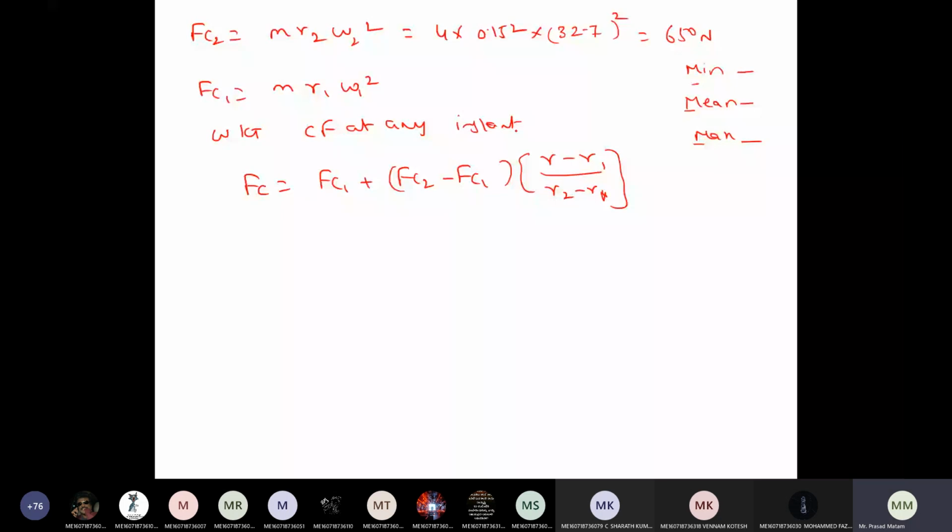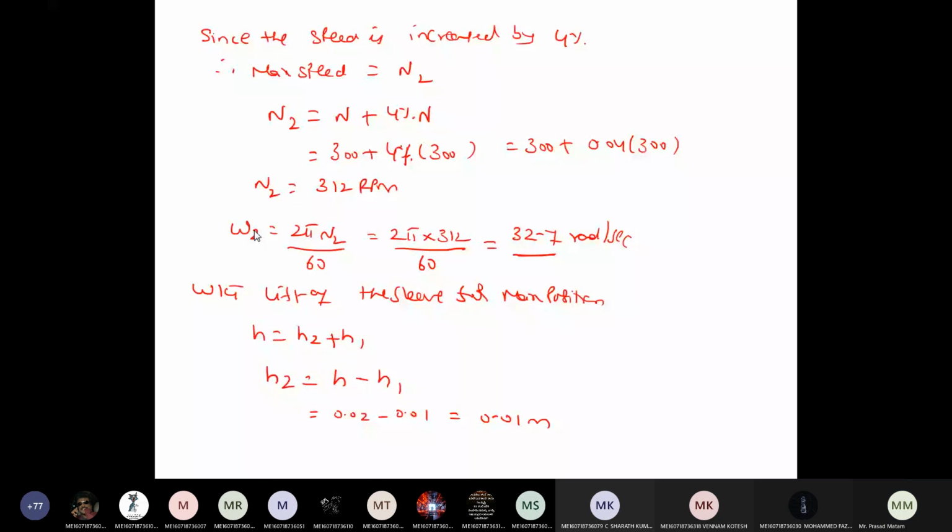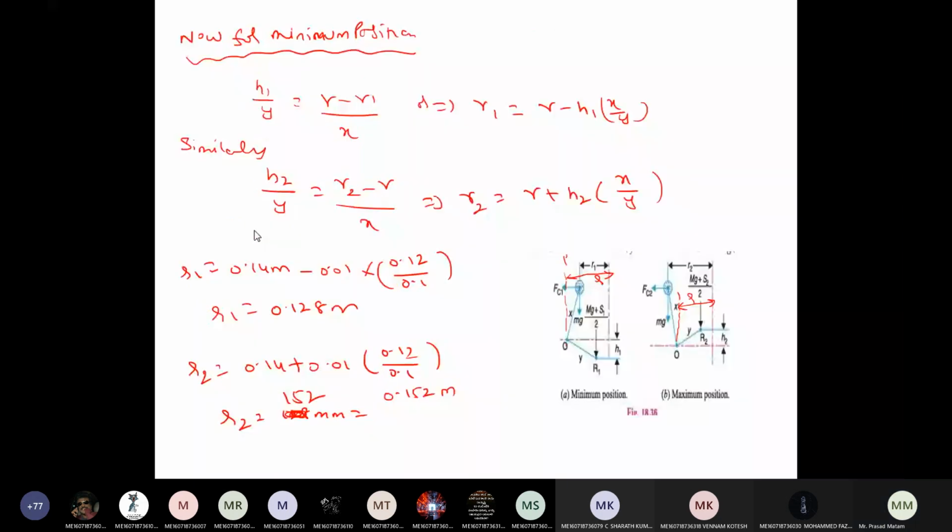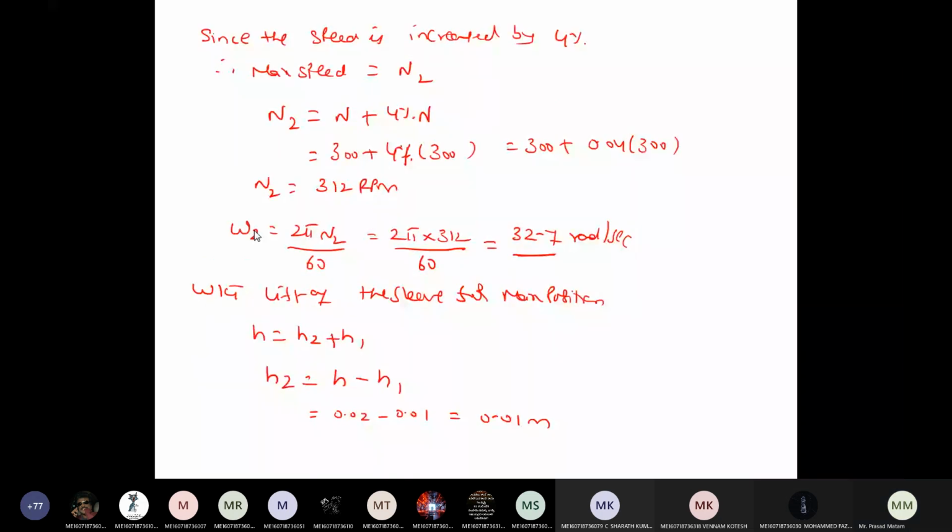So from this, let us try to find out what FC is. We are getting 533 newtons. We have found it somewhere else here. Centrifugal force FC, what is the FC value?